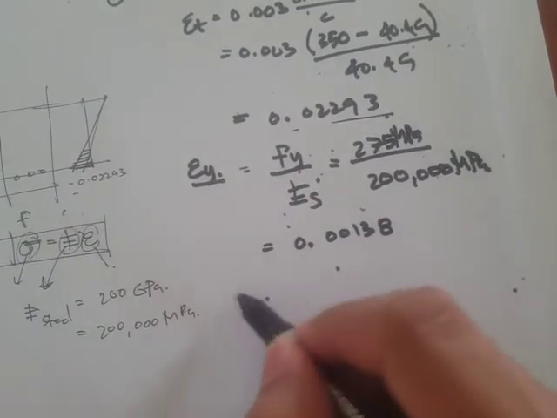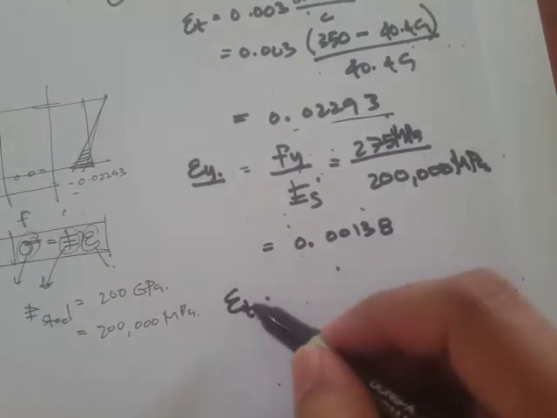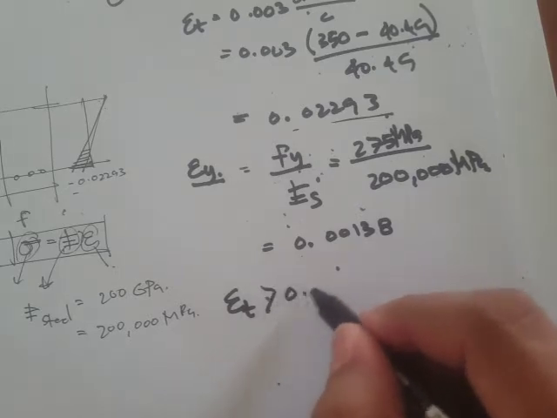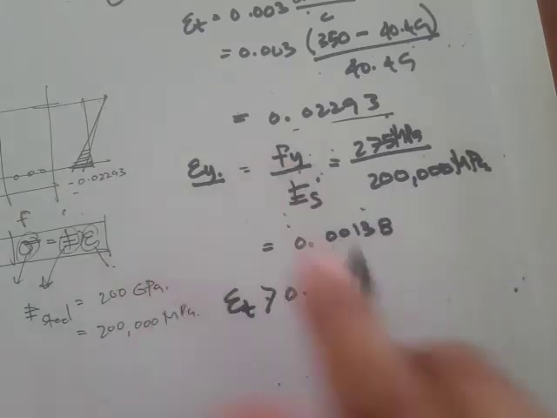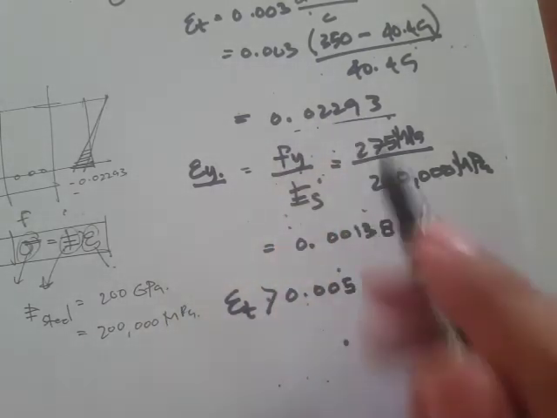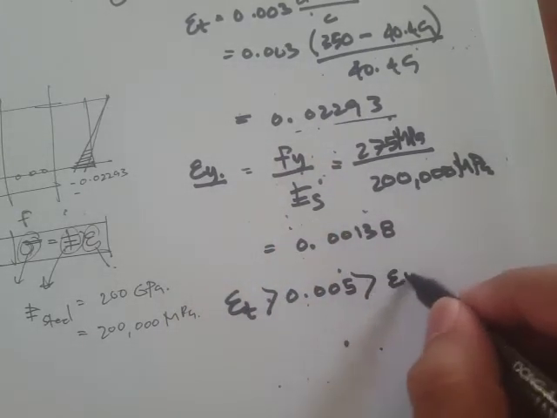If you compare that, our strain in the extreme tension steel is greater than 0.005. Why? Because this is 0.02. This is greater than 0.005, which is so far greater than our yielding strain.